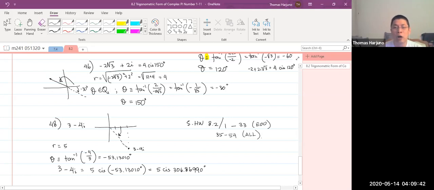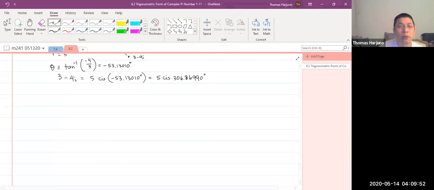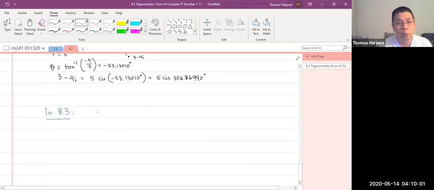Now let's see how we will use this in 8.3. In 8.3, we will use it in the following way. Suppose z1, a complex number, is r1 cis theta 1, and z2 equals r2 cis theta 2.